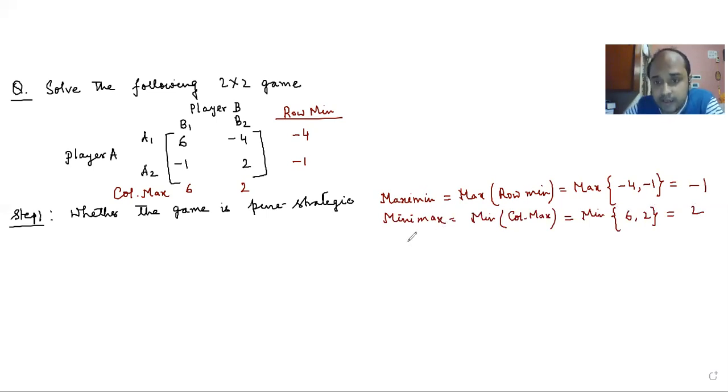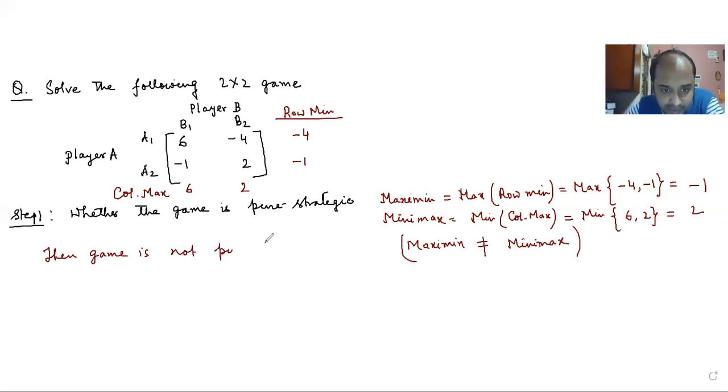So you see that maximin is not equal to minimax. And then the game is not pure strategic. That is your step 2.